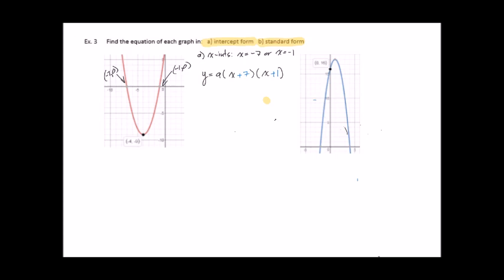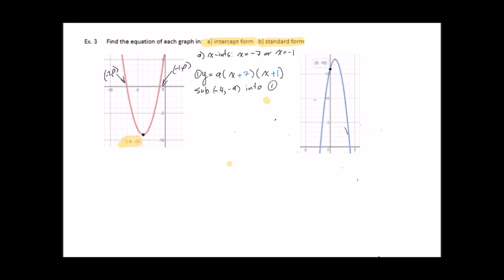Now that I've got my general intercept form, we have this beautiful highlighted point here. That point is (-4, -9). Let's sub (-4, -9) into what we'll call equation 1.